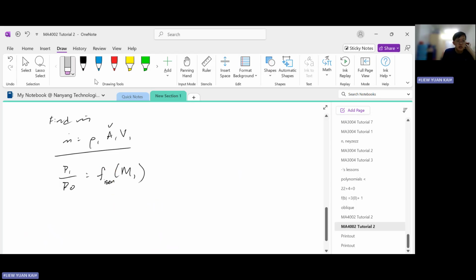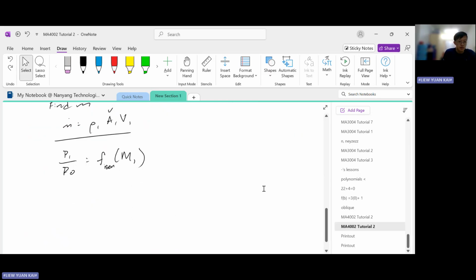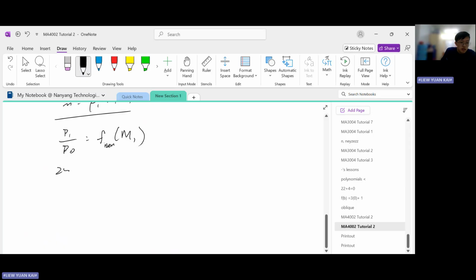Okay, so now we can substitute the known values. We're given P1 and P0, they're given here. So let's substitute them in. 25 kPa divided by 101 kPa, and M1 is unknown. We want to find M1. If you calculate 25 over 101, you will get 0.2475. So what does this mean?